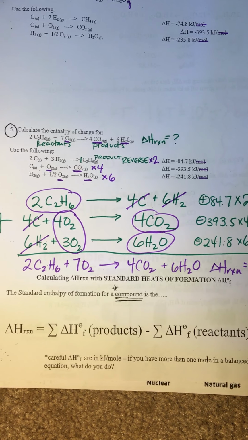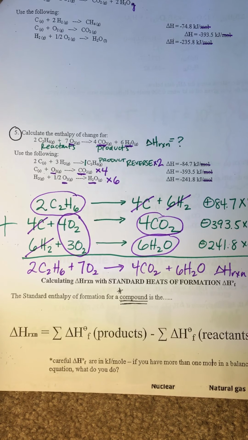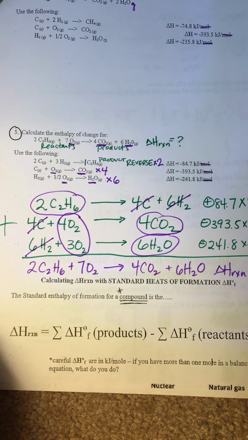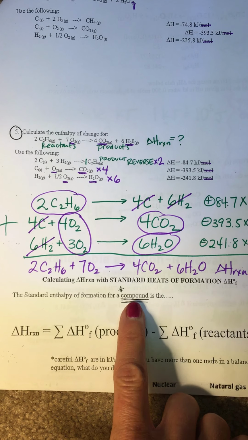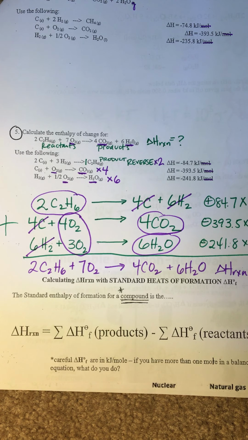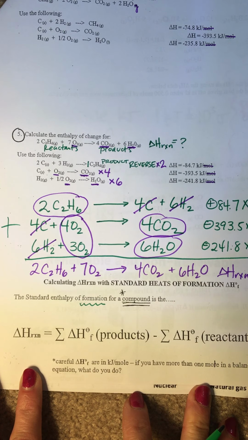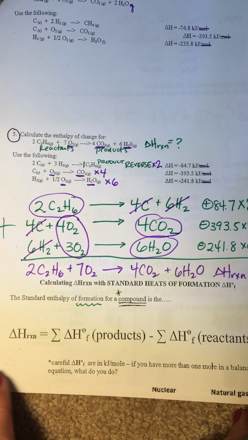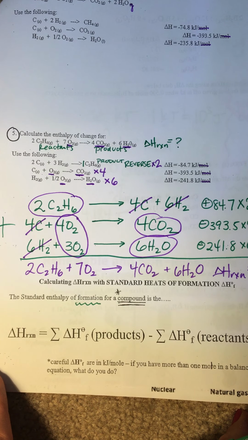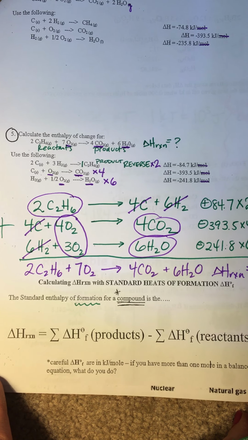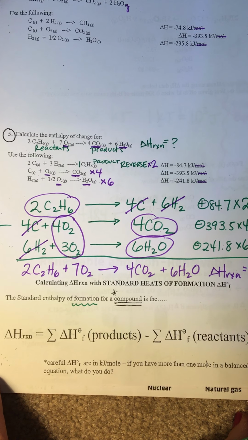Okay, so we're down here at the bottom. Here it says the standard enthalpy of formation for a compound. Notice I have that starred and underlined. What does the word formation mean? Formation means to form. We form chemical compounds. We're not forming elements. Our natural elements already exist in the world.